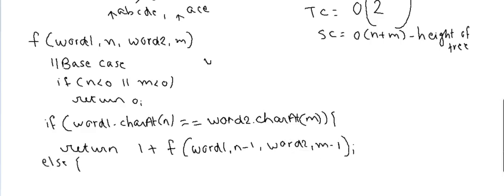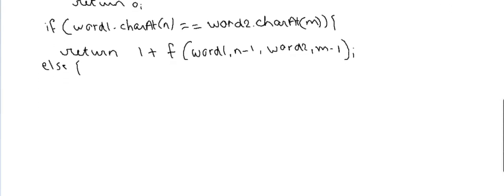Our else case is when the characters are not matching, right? If the characters are not matching, then we have two options. We need to take a max of deleting a character from string 1 and deleting a character from string 2. So we are going to return max. If I delete a character from word 1, I need to decrement n.